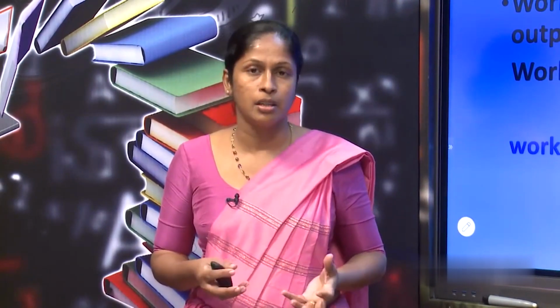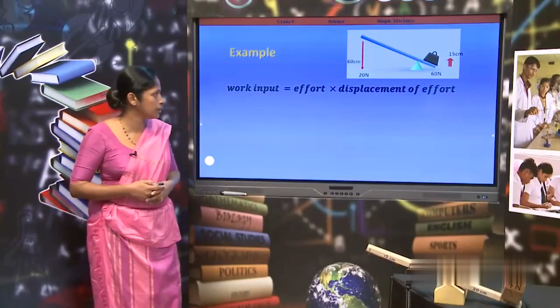A machine exerts a force, or the machine does work again backwards. That means the machine gives out work, that is called work output. Work input as well as work output can be calculated using this equation.